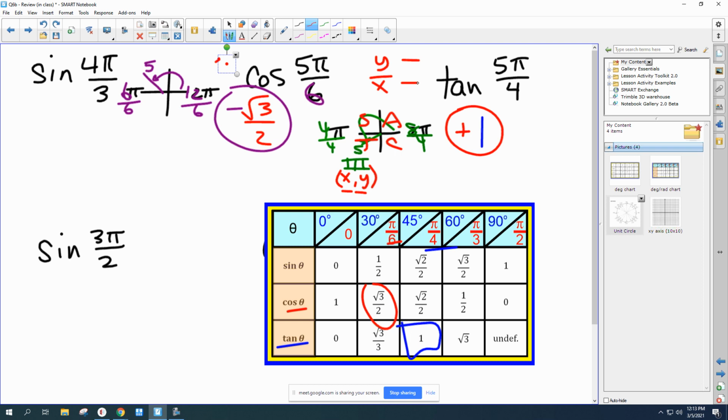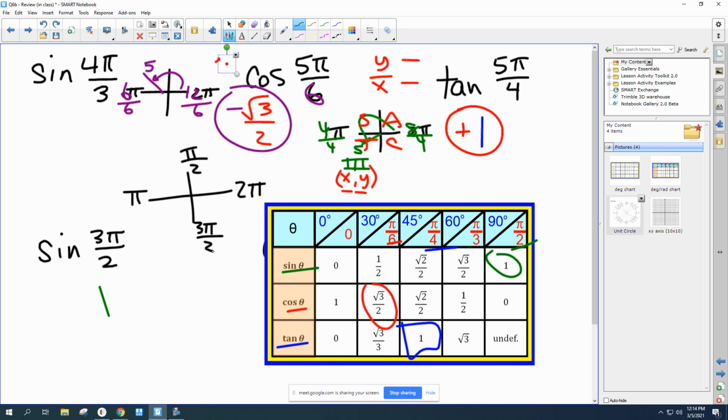Next one, sine 3 pi over 2. So you look at sine, you look at pi over 2, you should be able to get 1 really quickly, unless it's negative. So this one's actually easier than some of the others, but people miss it more often. We talk about pi into 2 pi a lot, but you should also have memorized up here is pi over 2, and down here is 3 pi over 2.